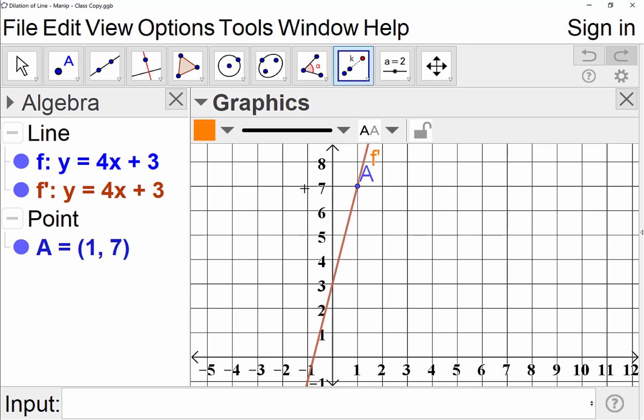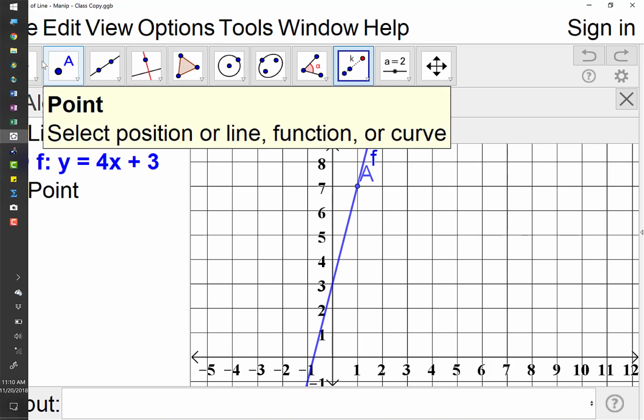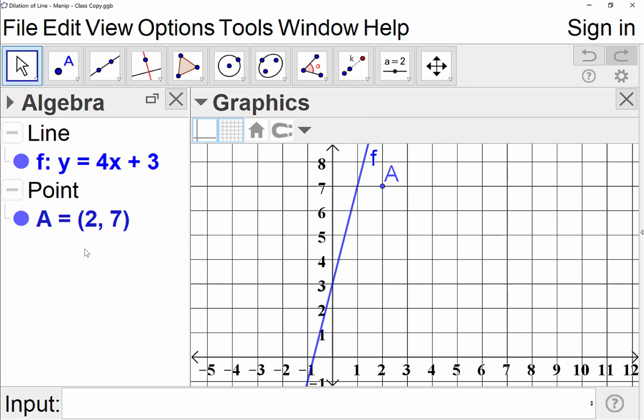Because when your center of dilation is on the line, do you see this point? You see how it's 2, 7?